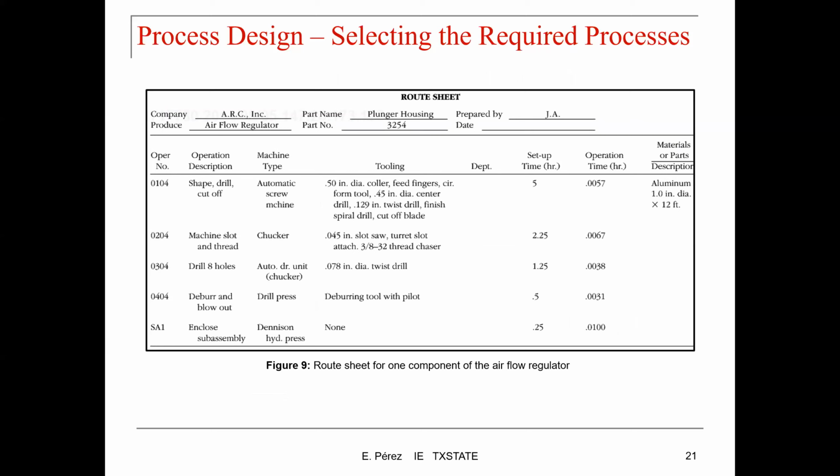So here's the route sheet for one component of the airflow regulator. This part name is the plunger housing for producing an airflow regulator. And here we have the operation number, the operation description, the machine type that is used for each one of the operations, tooling, the description of the tooling, setup time, operation time, and the materials.